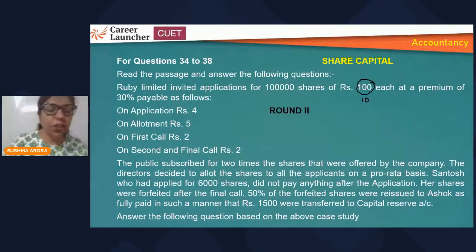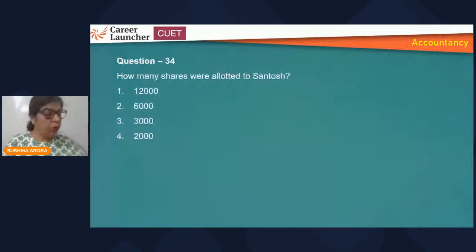Now see the question. Very good question. How many shares were allotted to Santosh? Children, here I am giving you one easy formula which you have not found: total allotted upon total applied, and applied by Santosh.